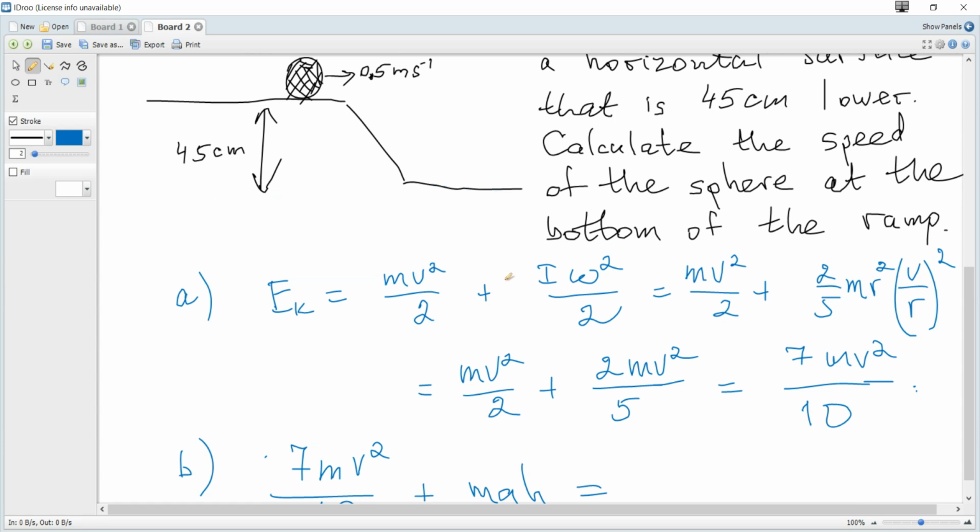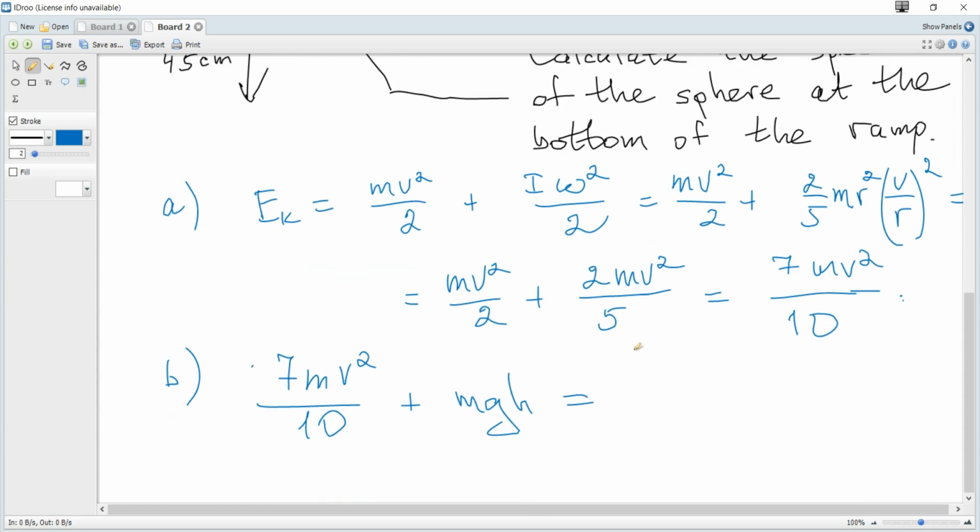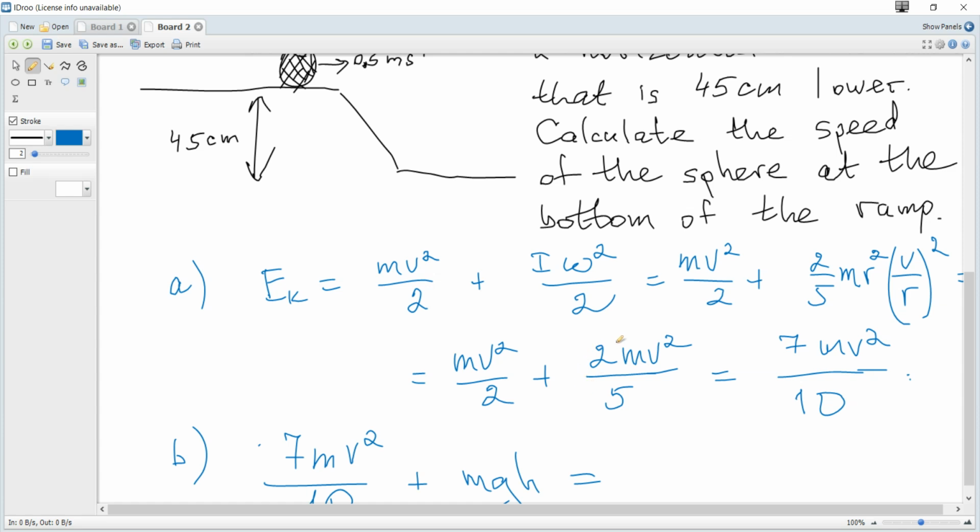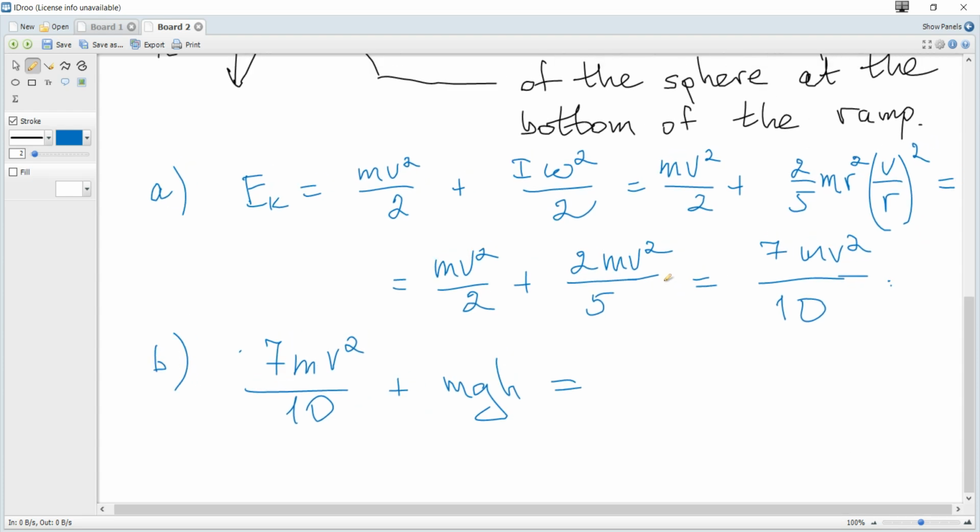I hope it's clear. Again, it will be the kinetic energy, which consists of rotational and translational, but you may use the same expression, because this expression is always true when a solid sphere is rolling.